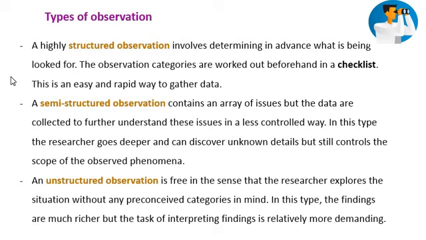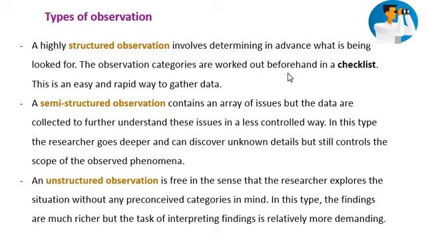We take the structured observation type. This type involves determining in advance what is being looked for. The observation categories are worked out beforehand. They are prepared beforehand in the form of a checklist.